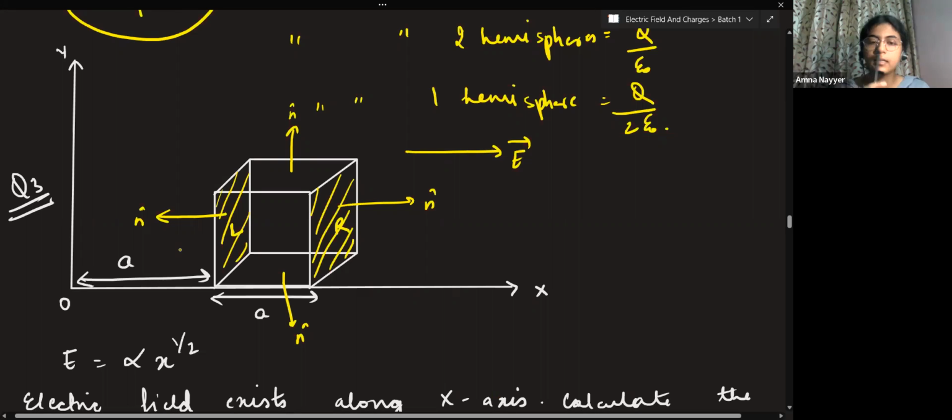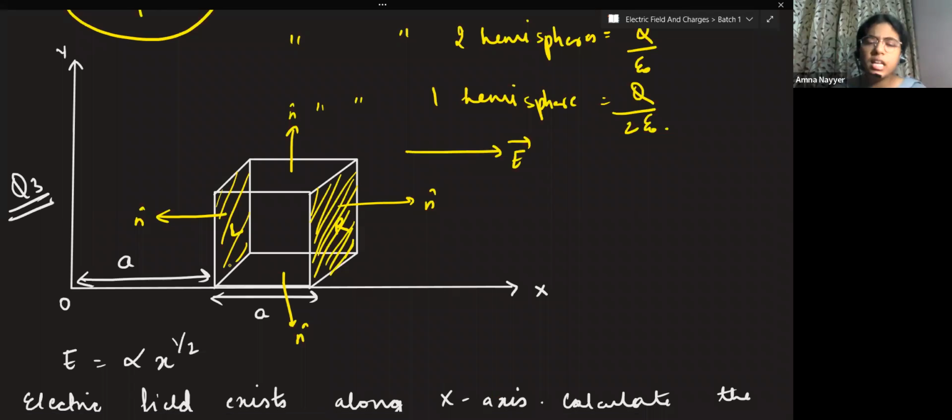Okay, Samaira, see. This is the right hand side face. We are calculating flux for this face only. x is a variable, which means it is the distance between the face and the origin. It is given in variable form, so for different faces you will be putting different values of x.